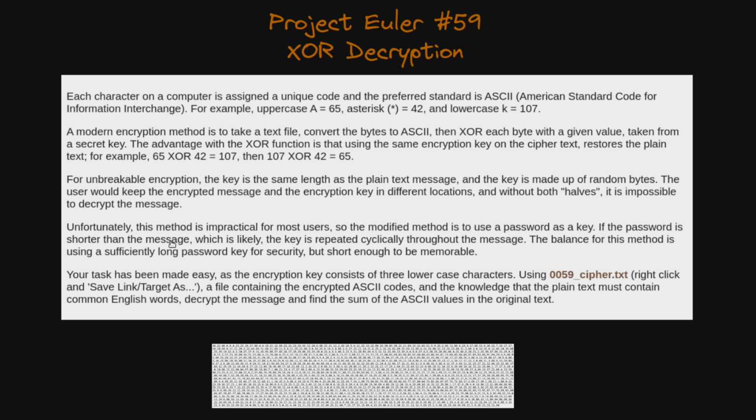If the password is shorter than the message, which is likely, the key is repeated cyclically throughout the message. The balance for this method is using a sufficiently long password key for security, but short enough to be memorable. So initially this 65 was our plain text or original input, and 42 was our key.